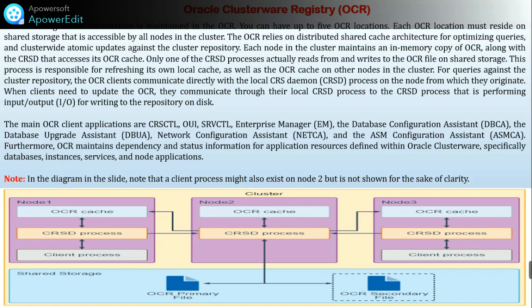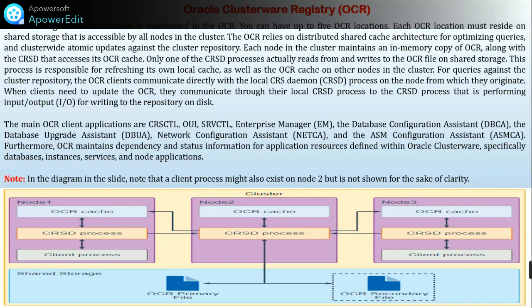Each node in the cluster maintains an in-memory copy of OCR, along with the CRSD that accesses its OCR cache. Only one of the CRSD processes actually reads from and writes to the OCR file on shared storage.